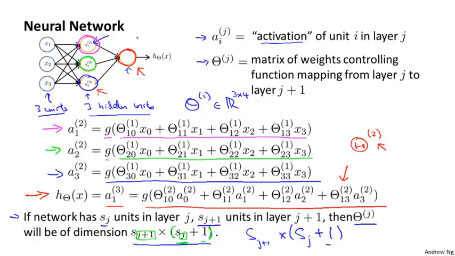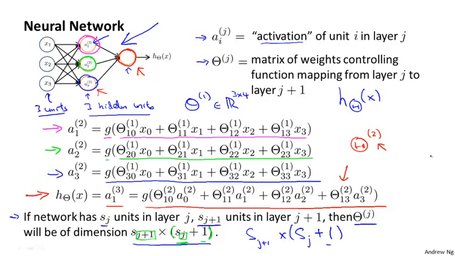To summarize, what we've done is show how a picture like this defines an artificial neural network which defines a function h that maps from x's input values to hopefully some space of predictions y. And these hypotheses are parameterized by parameters that I'm denoting with capital theta, so that as we vary theta, we get different hypotheses, different functions mapping from x to y.